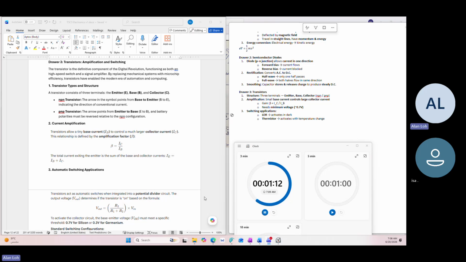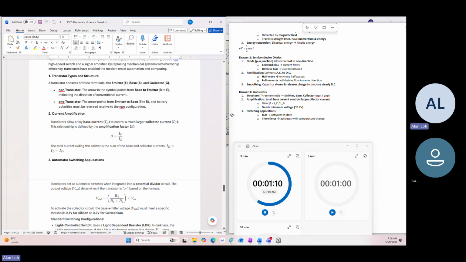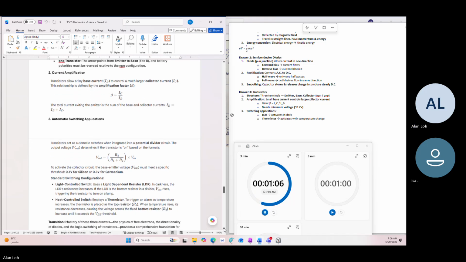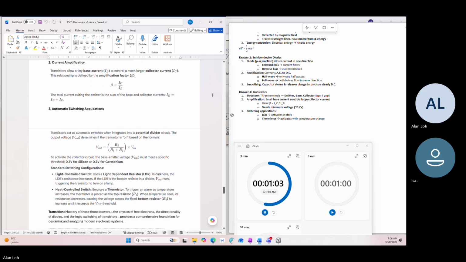Okay, you should be in 0.2 or 0.3. Let me scroll down a bit. Another new scary equation for 0.3.